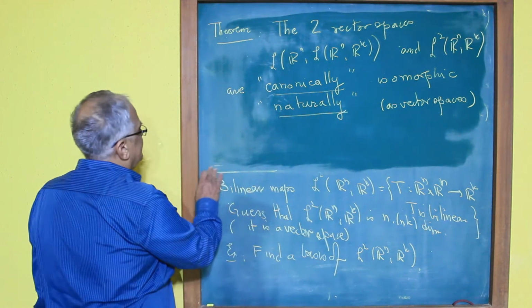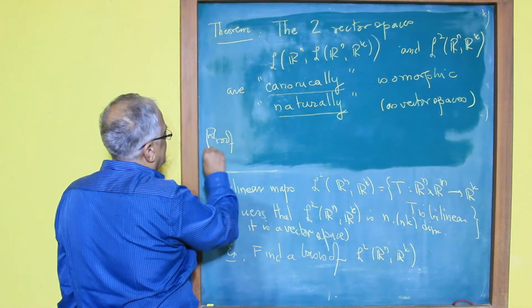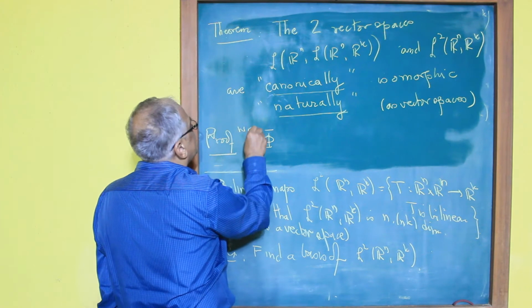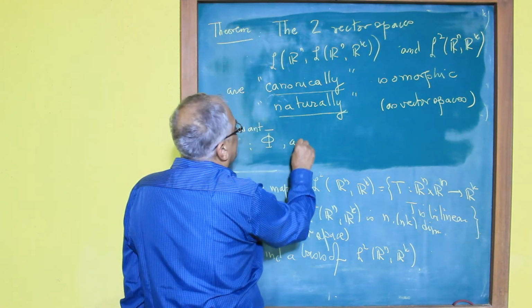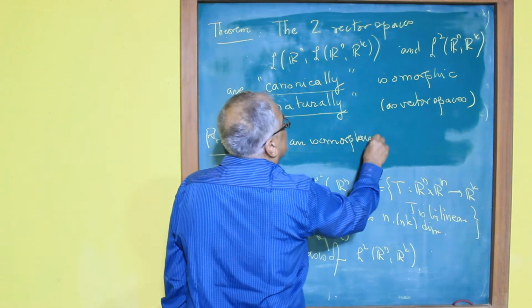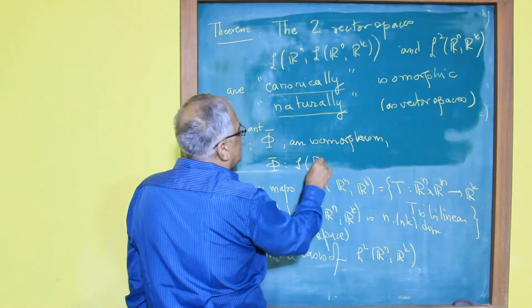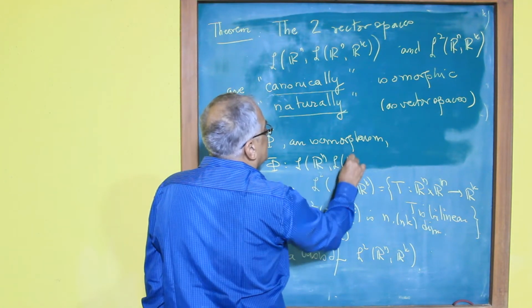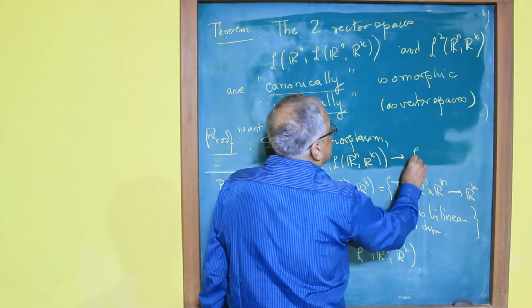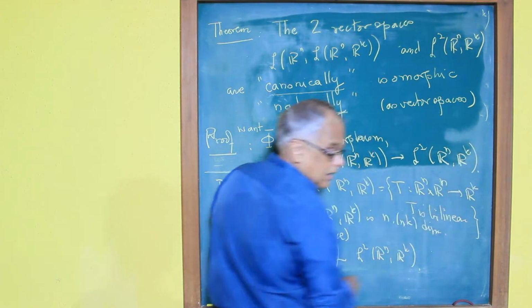So I want to define phi, an isomorphism phi, from L of Rn, L of Rn, Rk to L2 Rn, Rk.